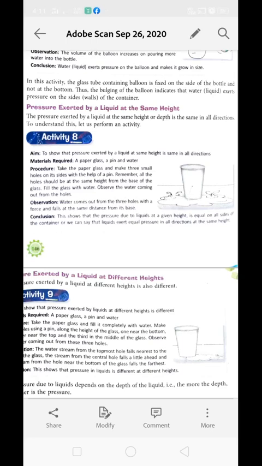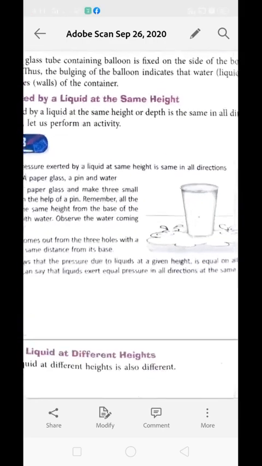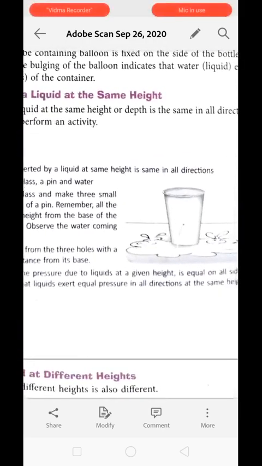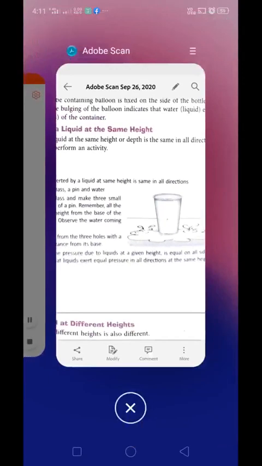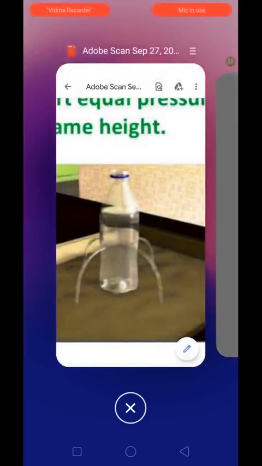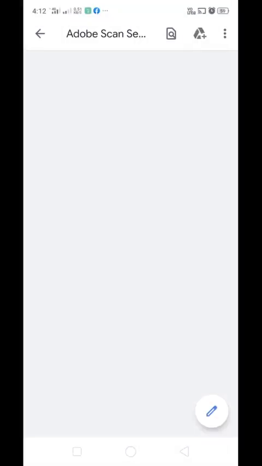Understood? Now this can be easily proven with the help of activity number 8. You can see a bucket is placed over here which is having 3 holes. The holes are not clearly visible in this picture, but we can have this one as well to understand properly.